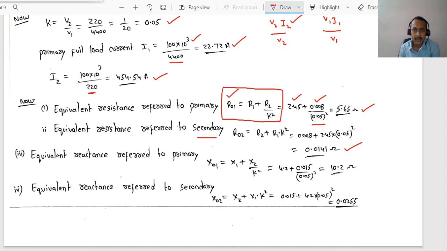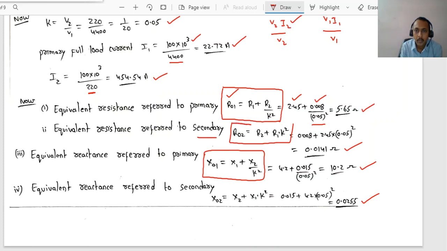Now for reactance, X01 equal to X1 plus X2 by K square, 10.2 ohms. X02, 0.0255. These 4 formulas, only then can we solve the problems. If we don't memorize these formulas, it will be difficult.